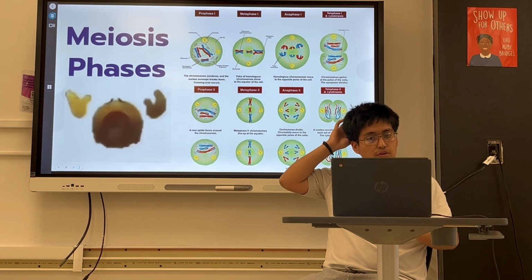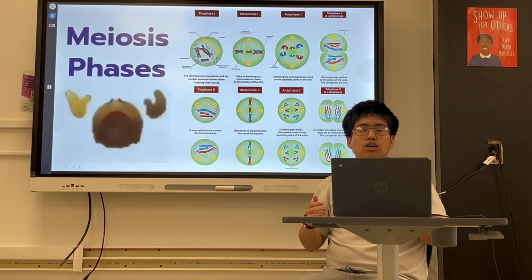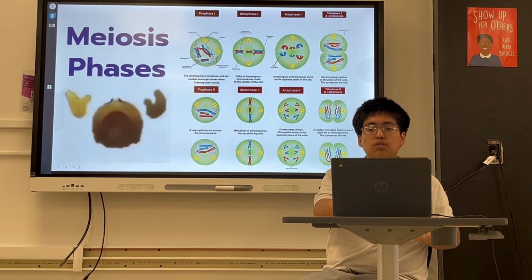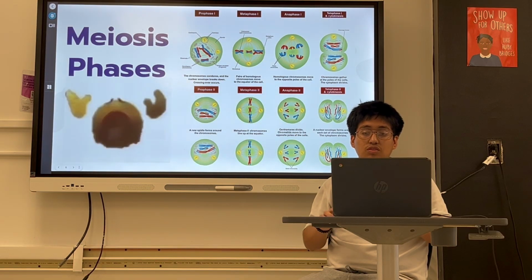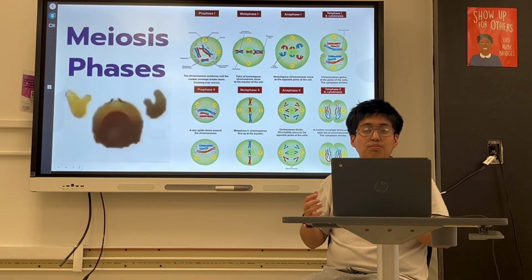Metaphase 1: the homologous chromosome pairs, or tetrads, align along the metaphase plate at the center of the cell. Spindle fibers attach to the kinetochores of each homologous chromosome from opposite poles.